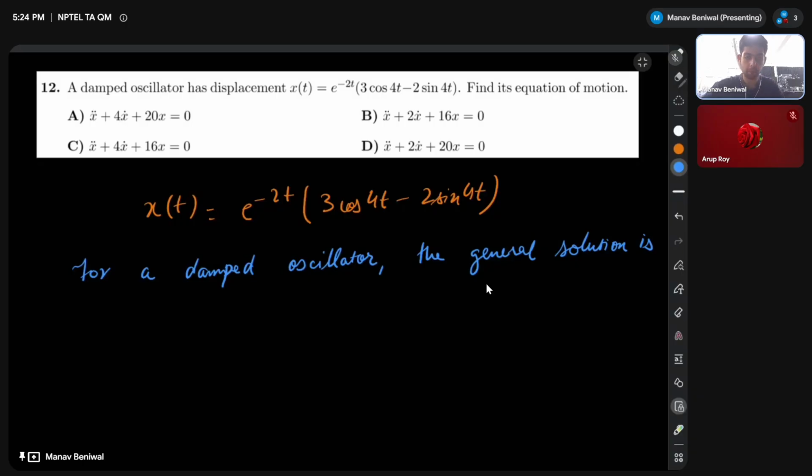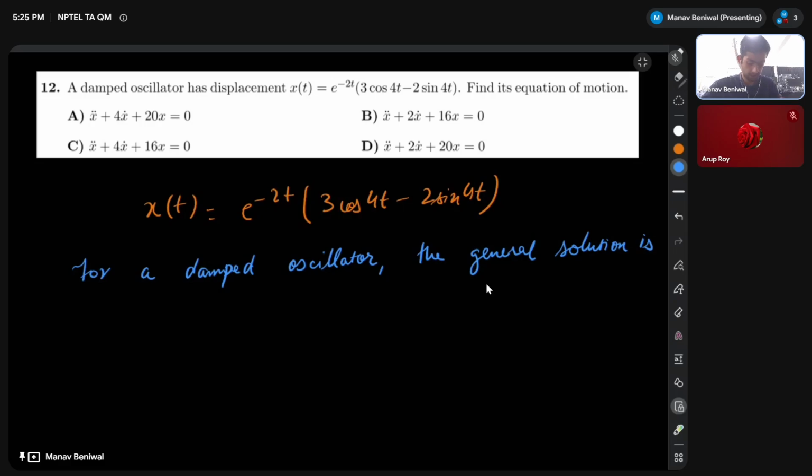This is the damping which we were talking about. And then we have the oscillatory part, a cos omega d t plus b sin omega d t.